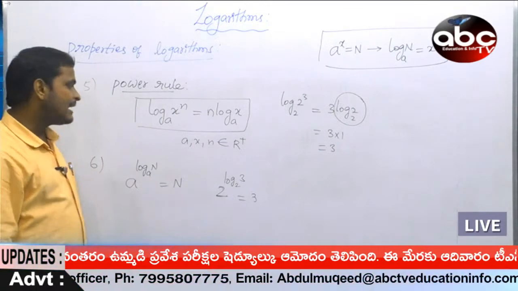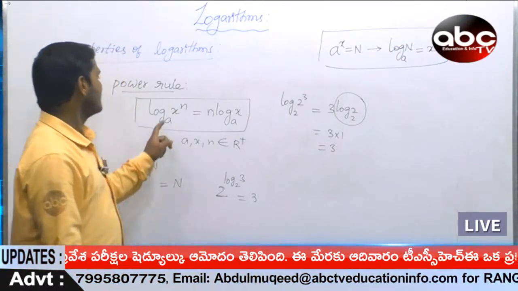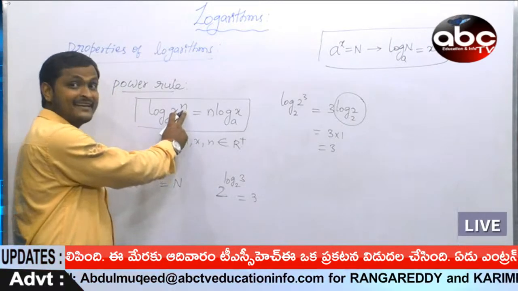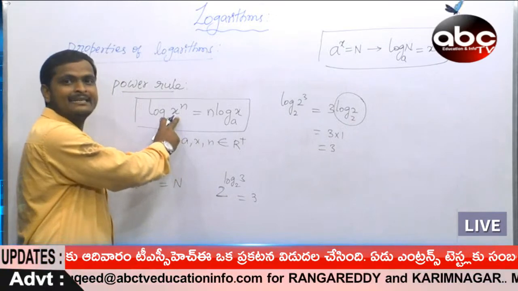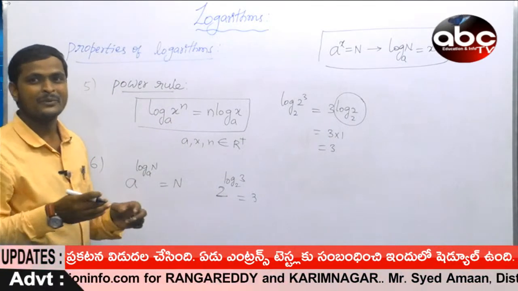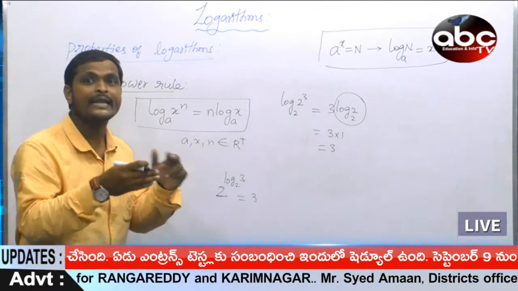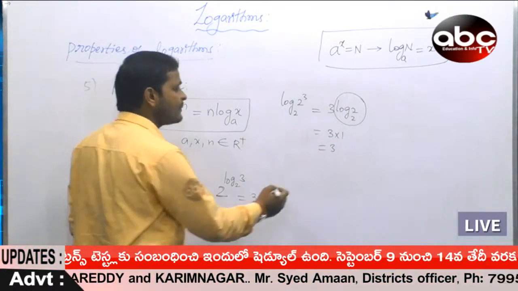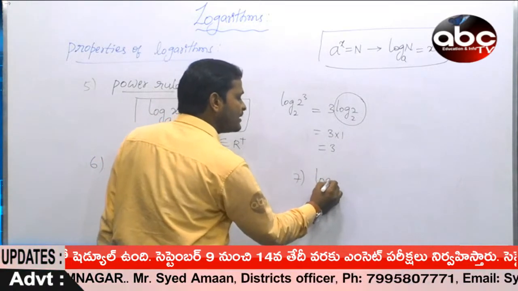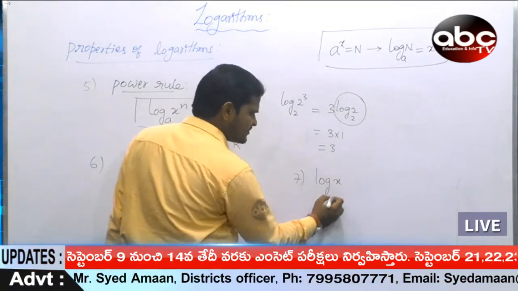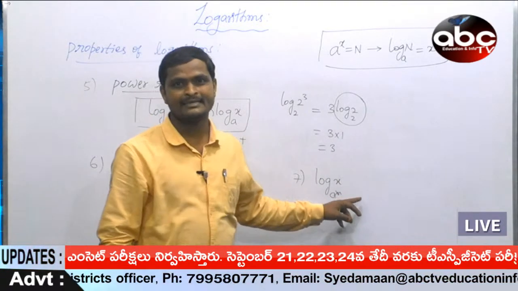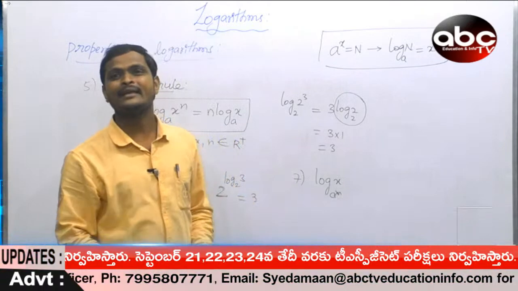Right? Then last property, already you know. Here observe, students, where is the power here? Power exists on the number. Then suppose the base has a power, that is the last property. You can write log x to the base a power m.